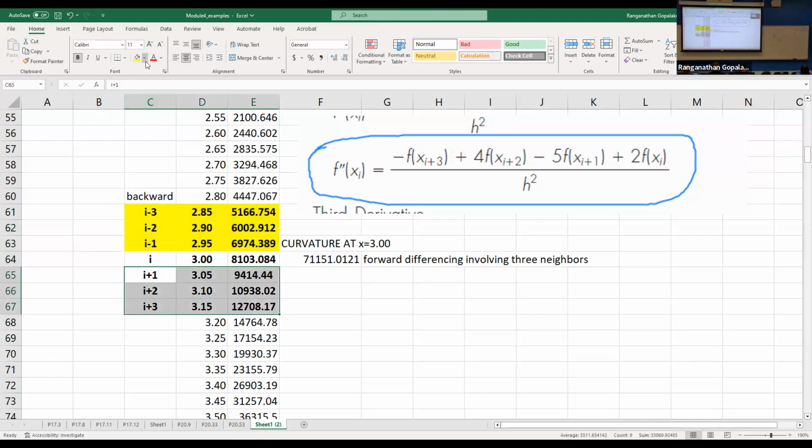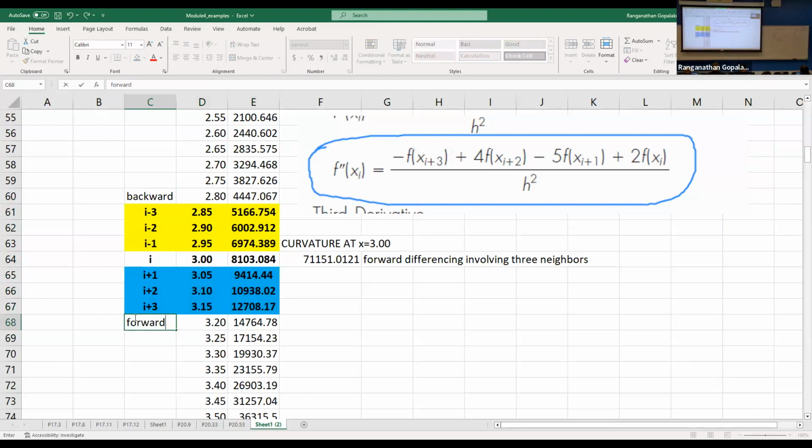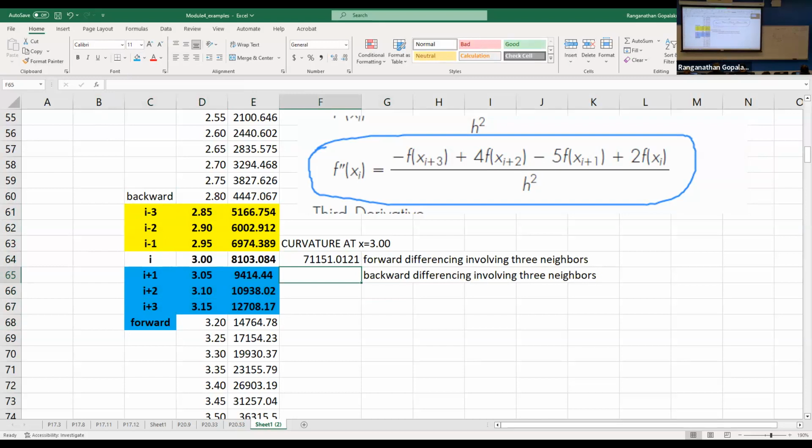And this will be forward. Backward differencing involving three neighbors. First, pick out the formula. Sorry for my rush, it's almost time, that's why.